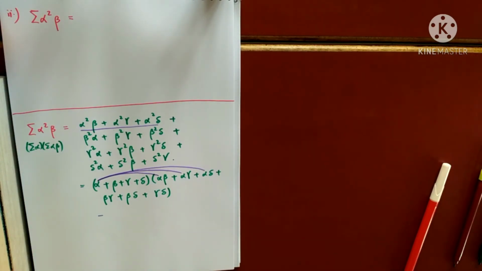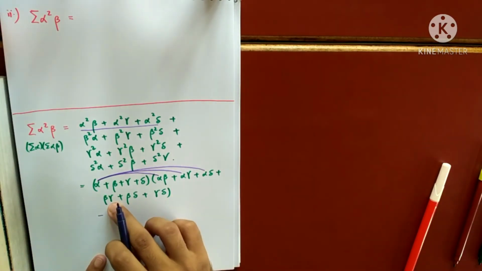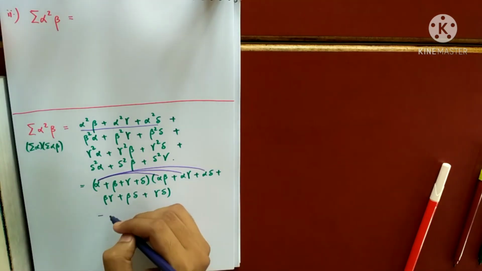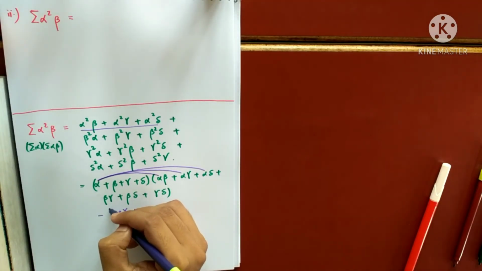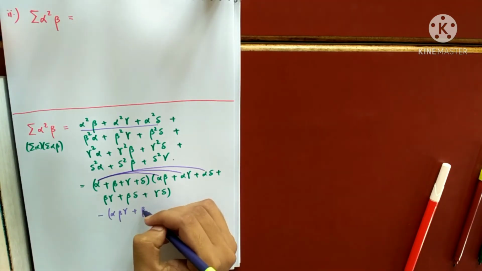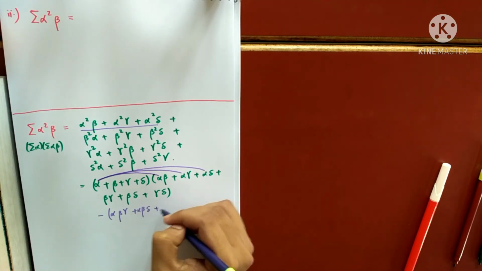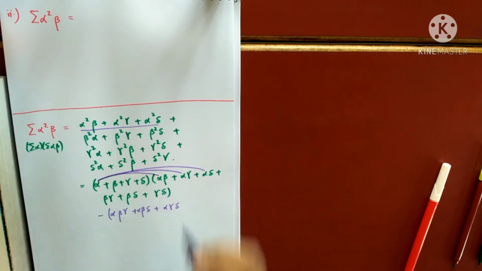So what are extra? Alpha beta gamma, I'll write a bracket here, alpha beta delta, beta gamma delta, and alpha gamma delta.